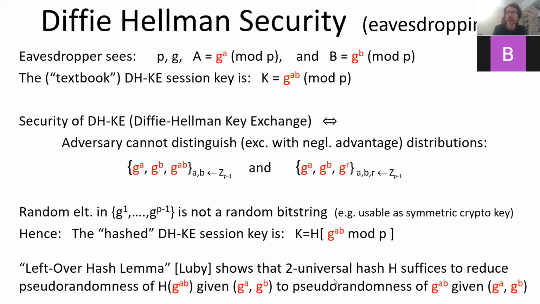about a 2-universal hash. A 2-universal hash is the thing that we used in the Carter-Wegman one-time MAC construction. You were supposed to read up on it; I didn't go over this part of the slides in my talk.